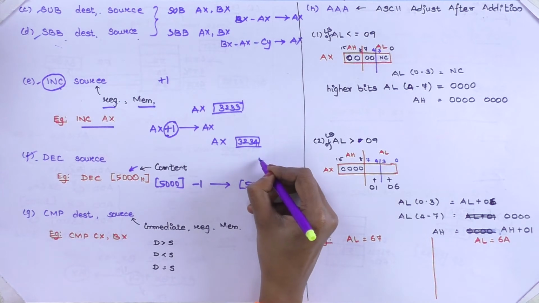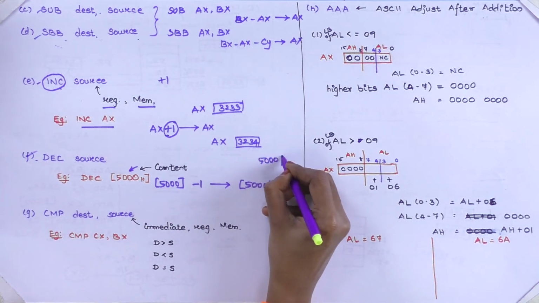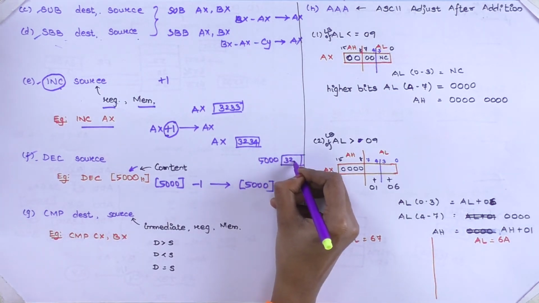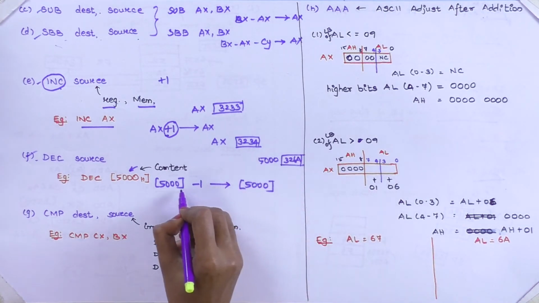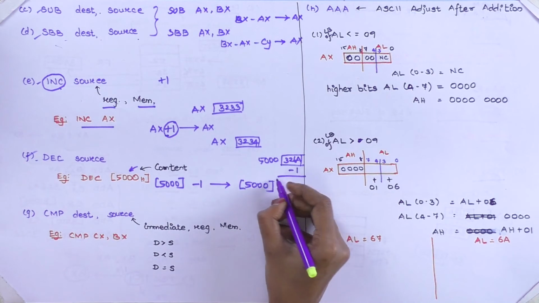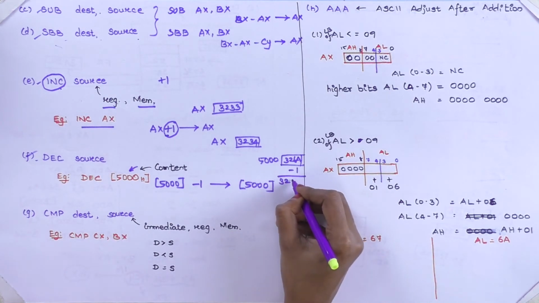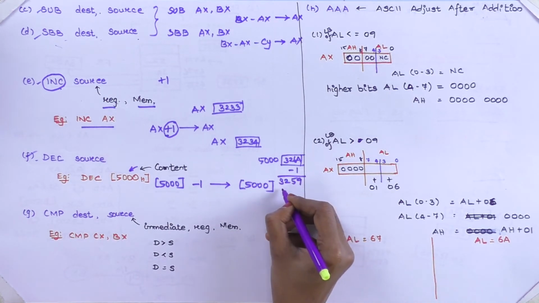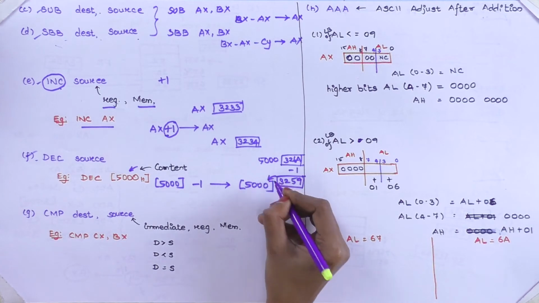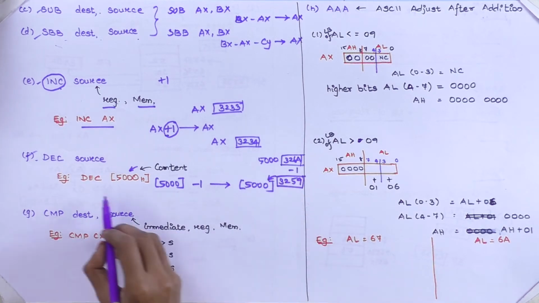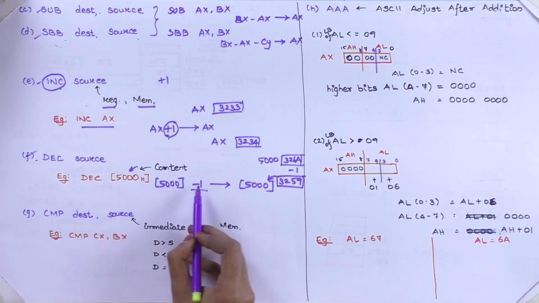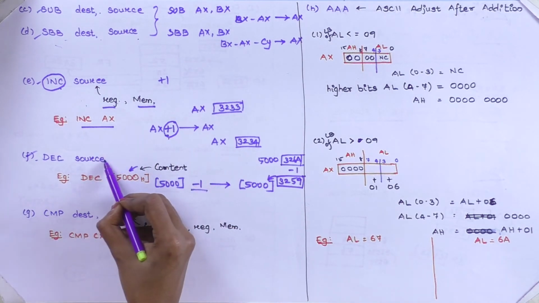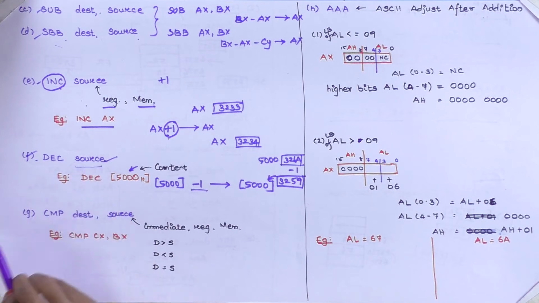For example, if the value in the memory location is 326A, after executing this instruction, this will be decremented by 1 and the value will be 3259, and this will be stored in memory location 5000. So here it is incremented by 1, here it is decremented by 1. The value will be stored again in the address of the memory location specified in the instruction.